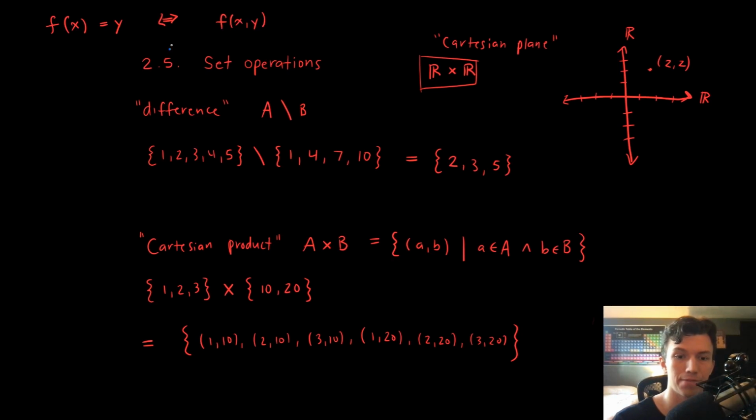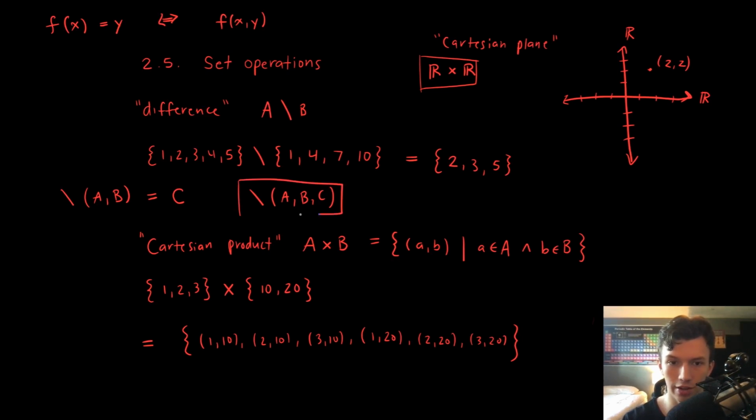So all these operations are, for example, the difference of a, b is equal to some other set c. And what this is actually saying is that the difference of a, b, c is true. So the difference is a predicate. It's a function on the first two inputs and then gives you that functional output.